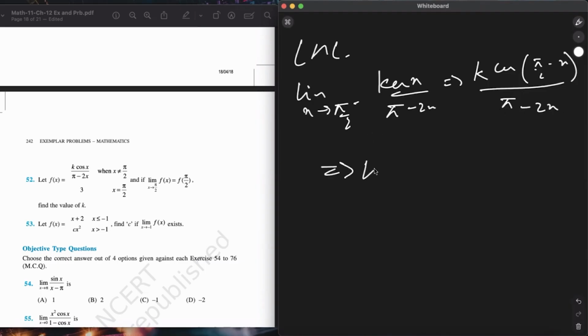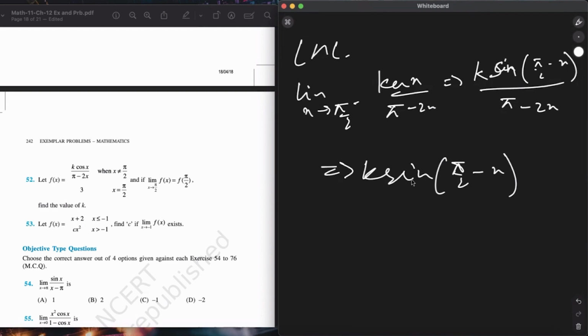So this is equal to k sin of pi by 2 minus x. Basically, it was k cos x. I can write cos x as sin of pi by 2 minus x. So k cos x divided by pi minus 2x can be written as k sin of pi by 2 minus x, with the pi minus 2x in the denominator as well.